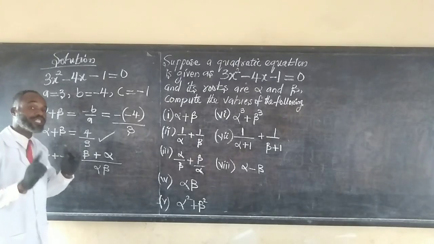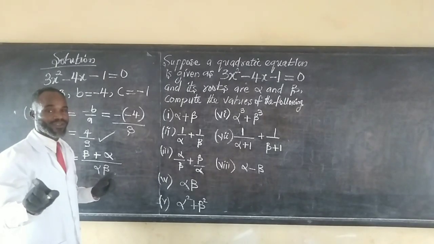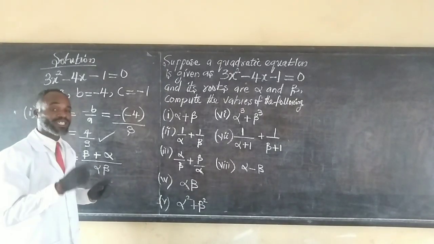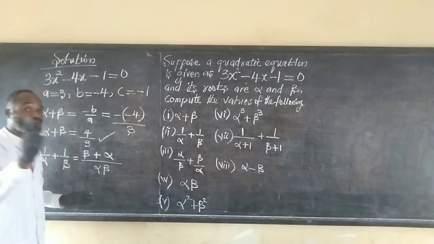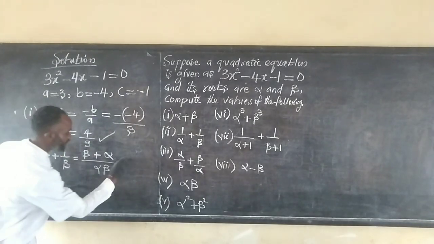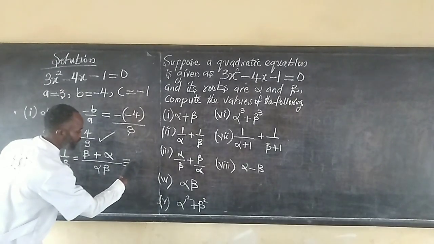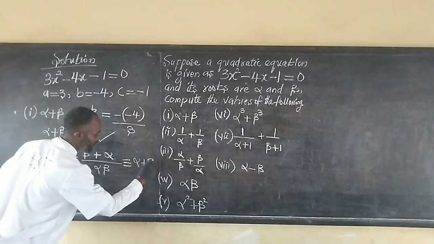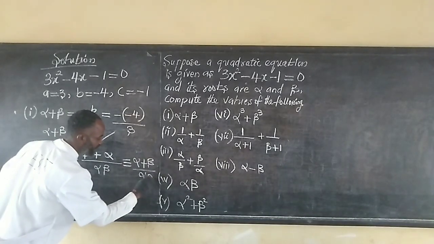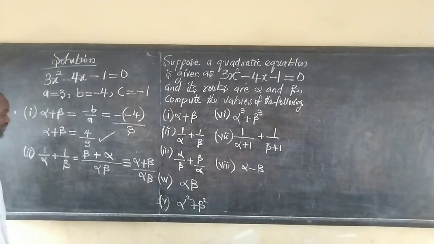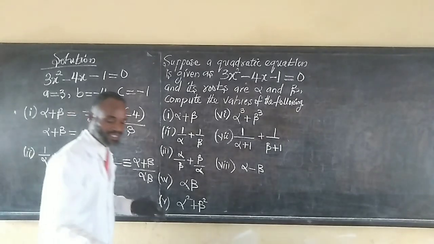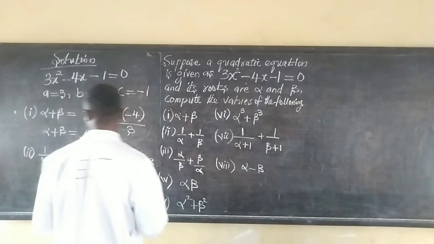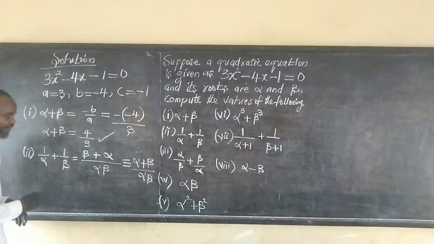And remember, according to symmetric features of quadratic equations or quadratic roots, this is equivalent to alpha plus beta all over alpha beta. So it doesn't change anything. Nothing has changed. So remember, we've done that before. So let's just use that simple knowledge and then finish the remaining aspects.